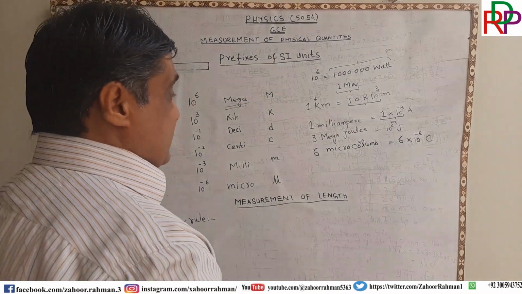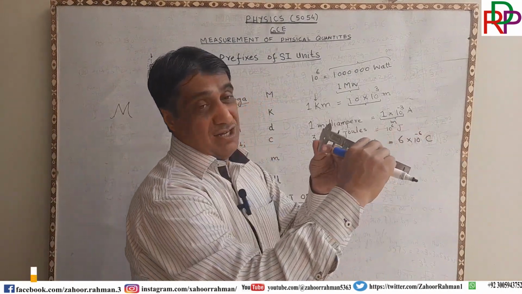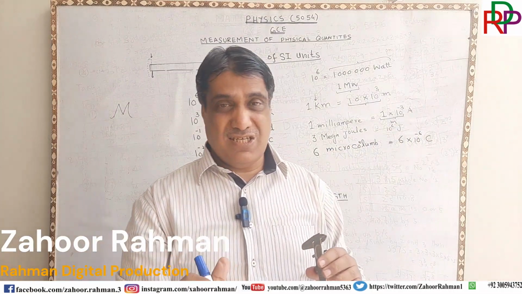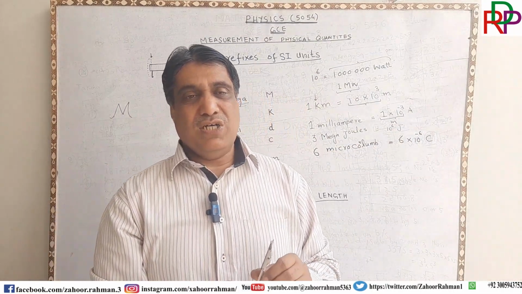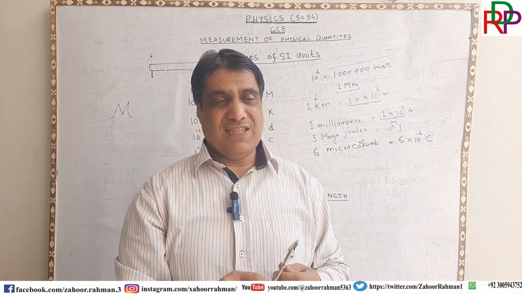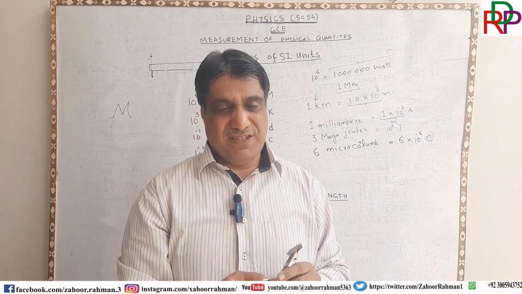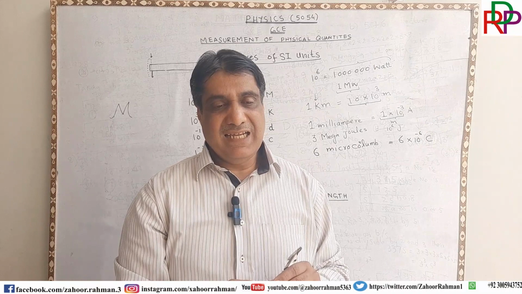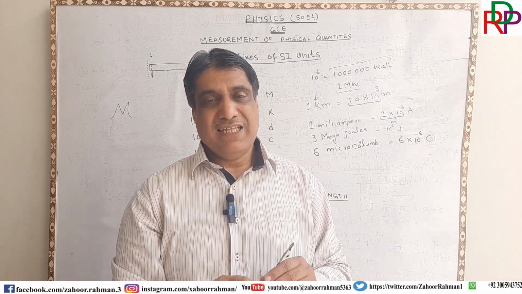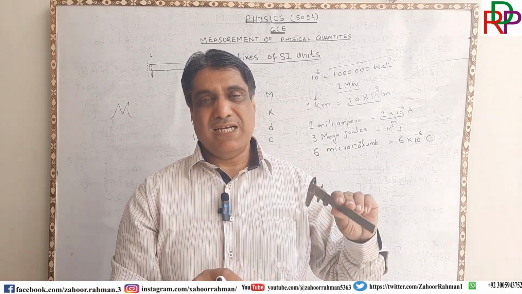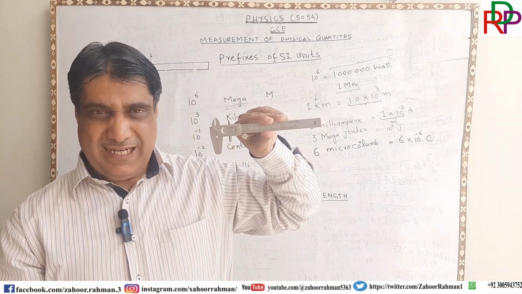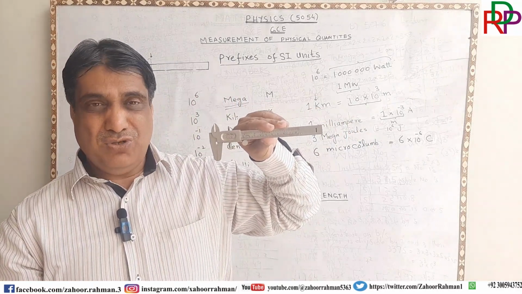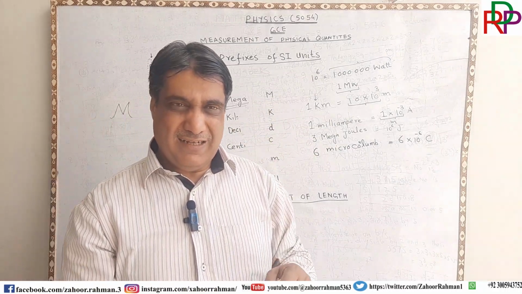If, when you close the jaws, the zero of the vernier scale is in line with the zero of the main scale, then the instrument does not have any zero error. First you have to find the zero error.